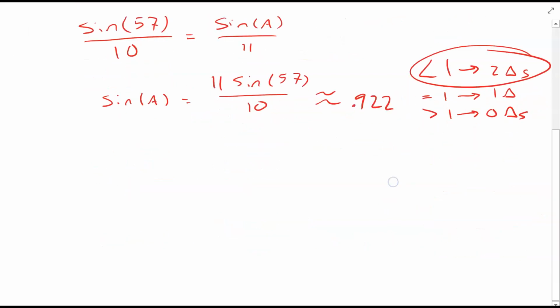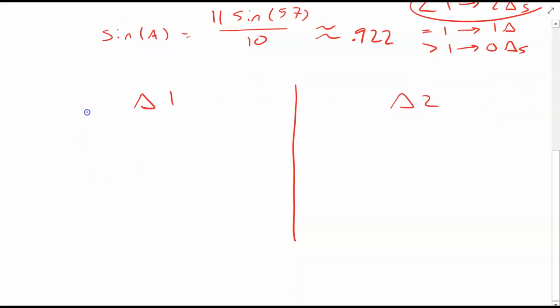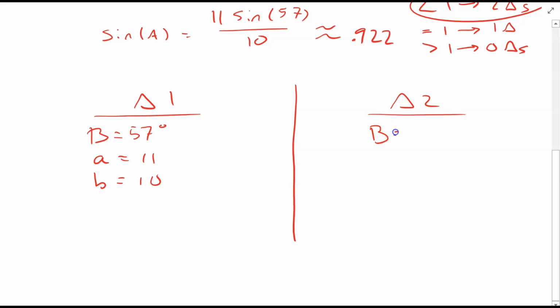So I'm just going to make some notation here. I'm going to make a place for my answers for triangle 1 and a place for my answers for triangle 2. Now in both situations, the given information is still true, right? So in both triangles, the information given to me in the problem is there. That doesn't change.